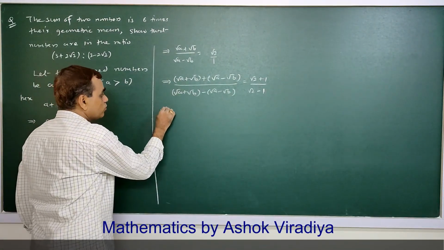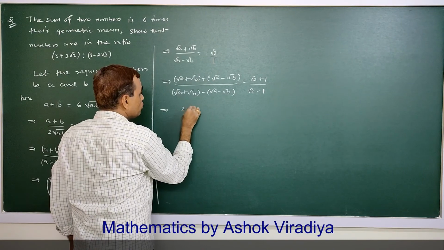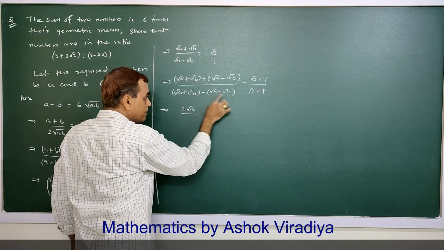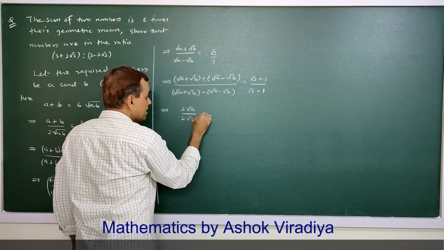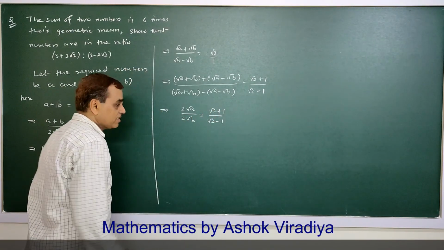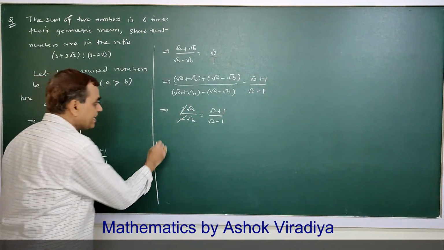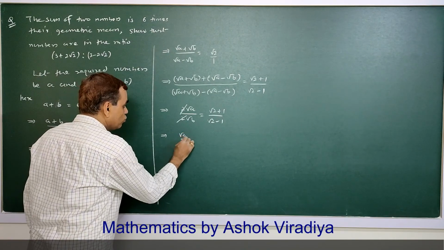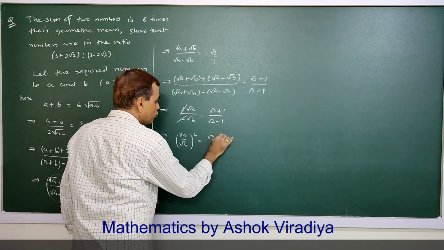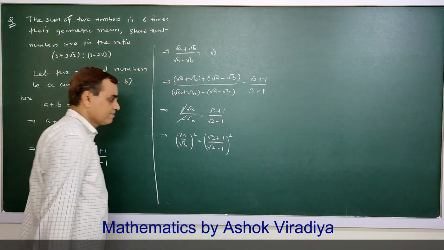So here root B will be cancelled. Root A plus root A is 2 root A. Here root A will be cancelled. Root B plus root B is 2 root B, equal to (root 2 plus 1) upon (root 2 minus 1). Again this will be cancelled. Now once again squaring on both sides, (root A upon root B) whole square is (root 2 plus 1 upon root 2 minus 1) whole square.